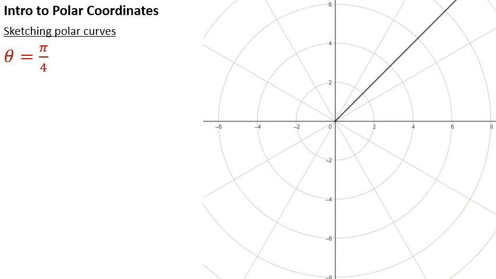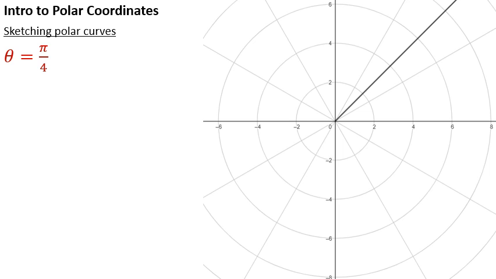Theta equals pi by 4 is not one that you can easily think of as what happens when we put in a value of theta, because the only value of theta you're allowed to put in is pi by 4, and yet nothing restricts the value of r. So this gives what we call a half line. You might have referred to it as a ray before. It's essentially like a straight line, but although it goes on infinitely in one direction, in the other direction it stops somewhere.